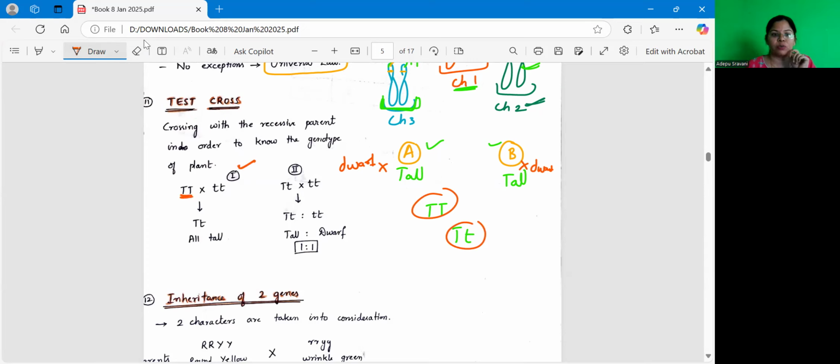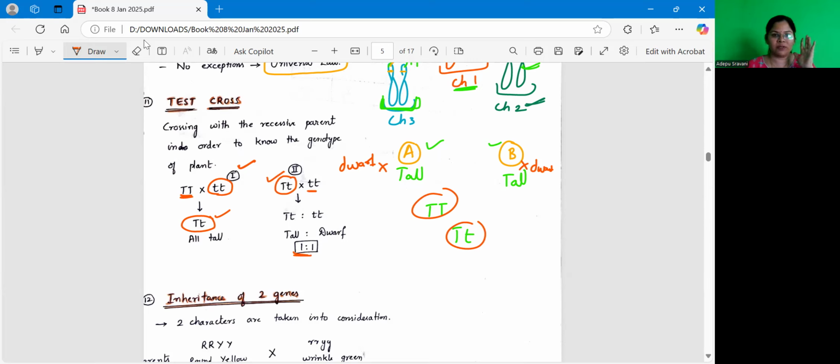If it is homozygous, if you cross it with the dwarf plant, all of them will be tall. So if you are getting progeny that are all tall plants, then the plant is homozygous tall. Instead, if you are crossing a tall plant with a dwarf, and you are getting both tall and dwarf in a 1:1 ratio, then the genotype of the tall plant will be heterozygous.